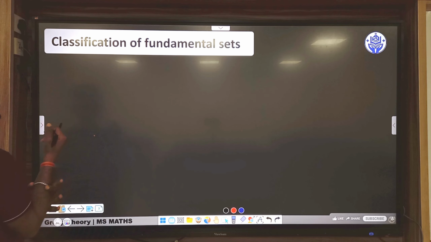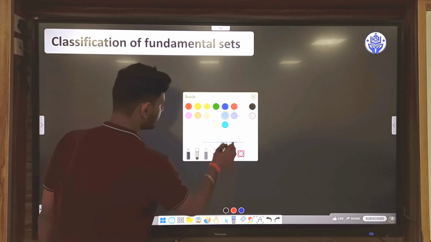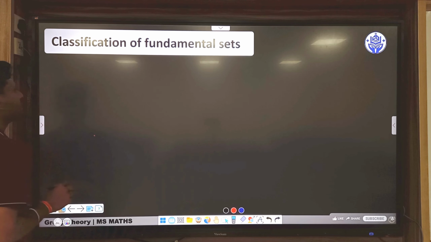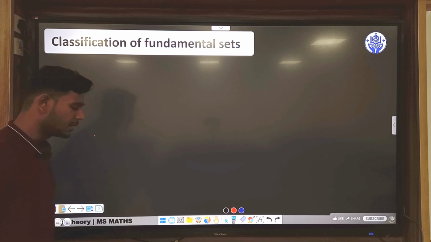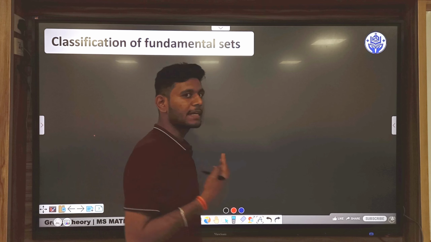If I am going to start with sets, I will start from the complex numbers, because that is the greatest set.